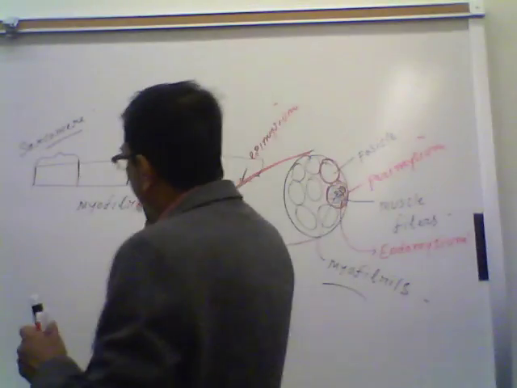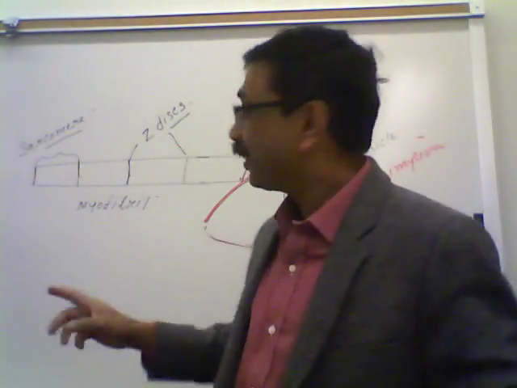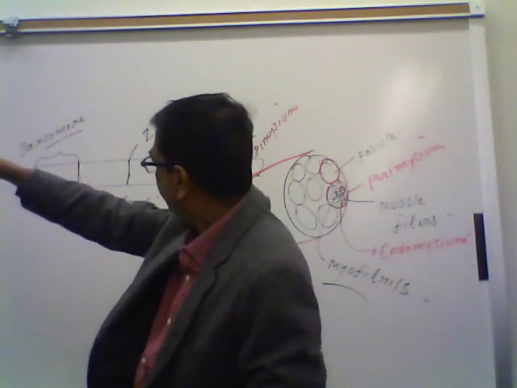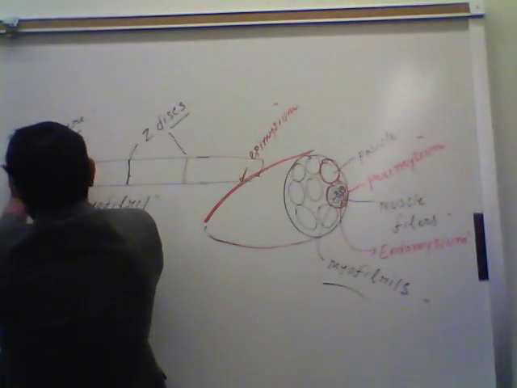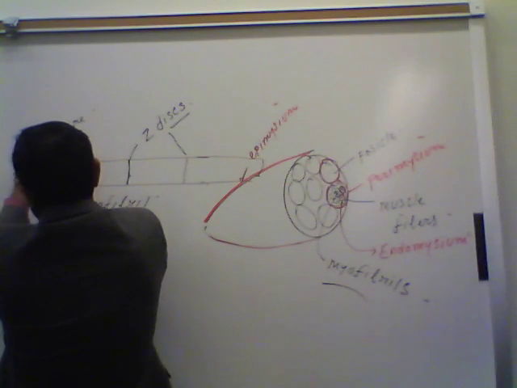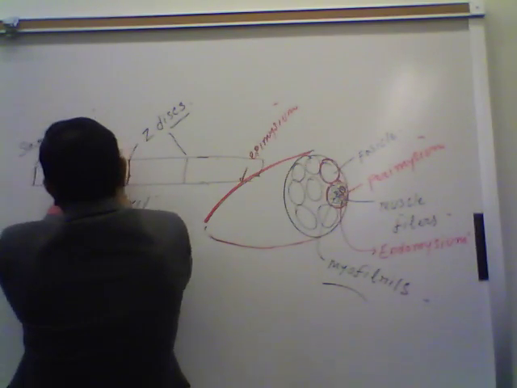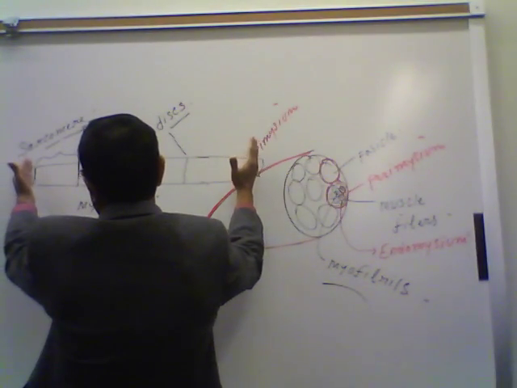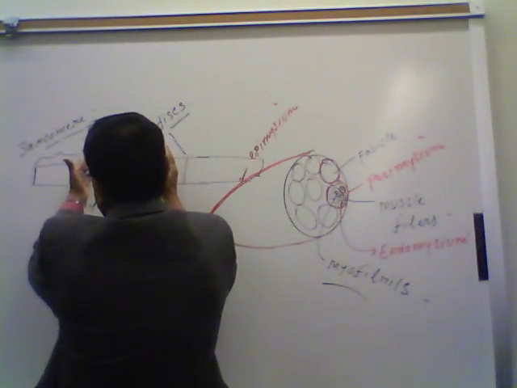And when muscle contraction occurs, what happens? Since the sarcomere is the unit of muscle contraction, it starts at the sarcomere. So when all sarcomeres contract at the same time, the whole myofibril gets shorter.